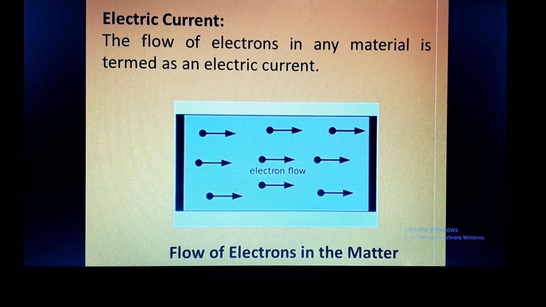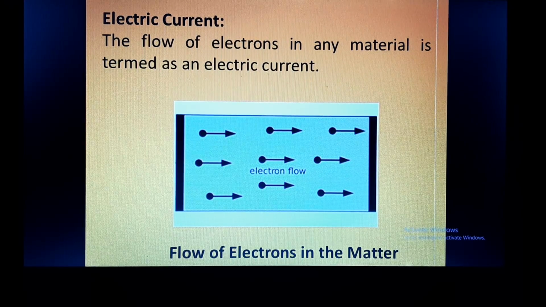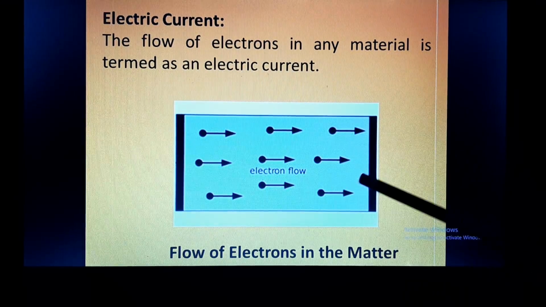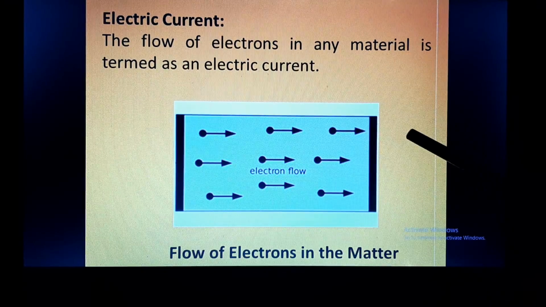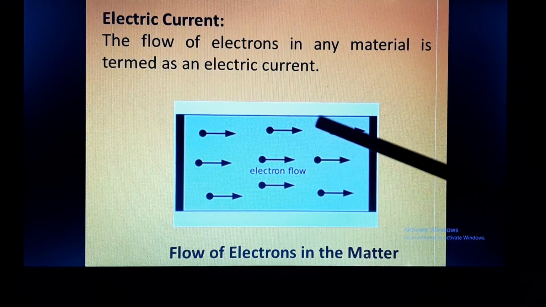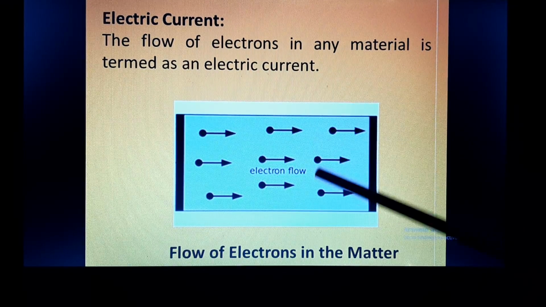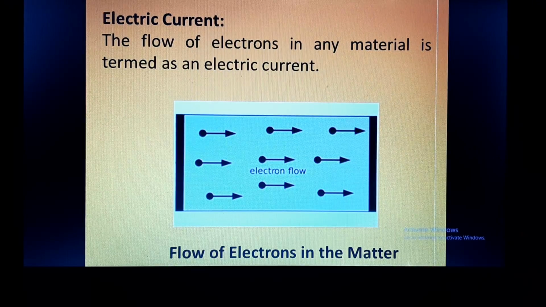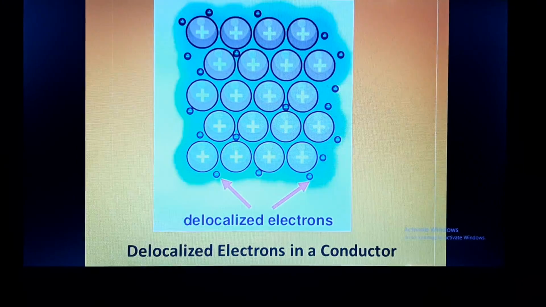So the flow of electrons in a conductor is termed as electric current, and this flow of electrons is unidirectional. The direction is only in one direction. So unidirectional flow of electrons in a conductor is known as electric current.